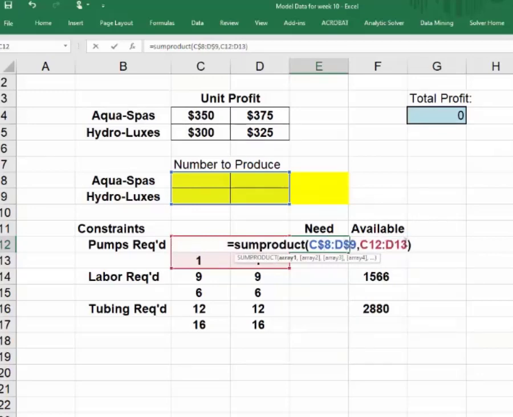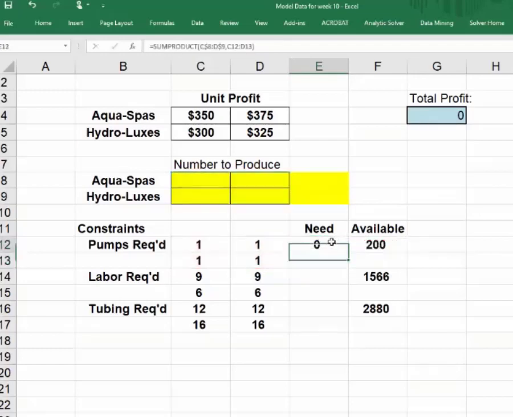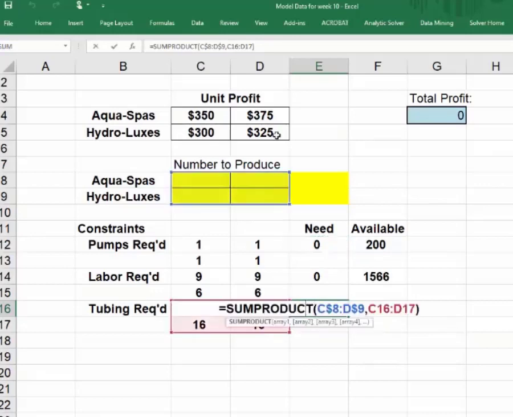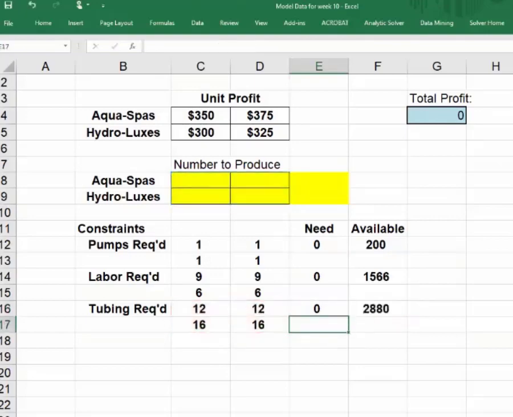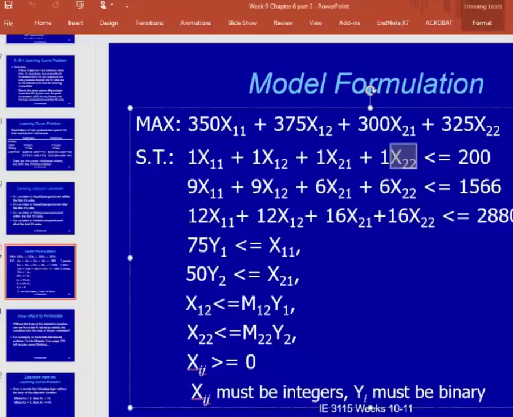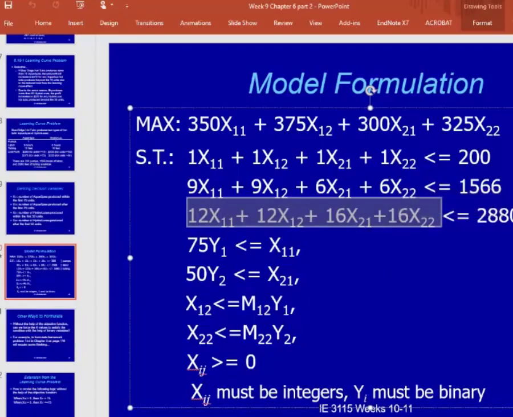But I do want the coefficient to move accordingly. So just Control C, Control V, Control V, and click inside to check.